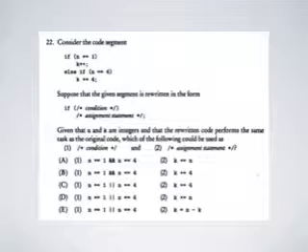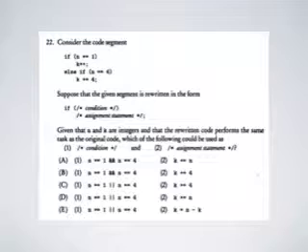Inside of these 4 lines of code, separated by the if and the else if cases, it handles the conditions when n happens to be of value 1 and when n happens to be of value 4. Now let's continue reading the description of question 22. Suppose that the given segment is rewritten in the form: if some condition, then we do the assignment statement.